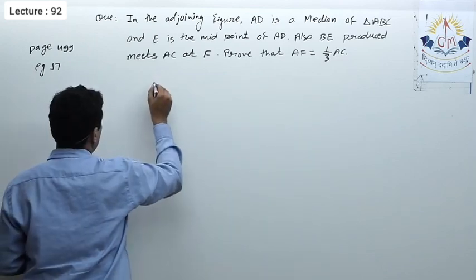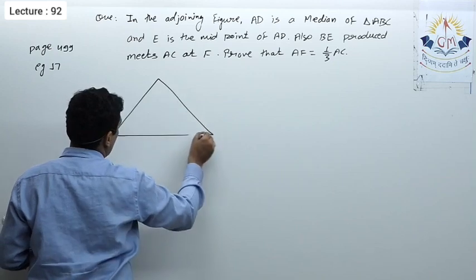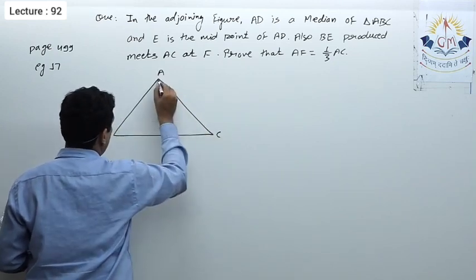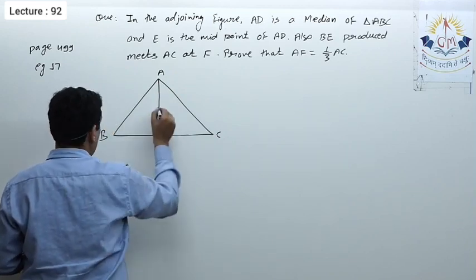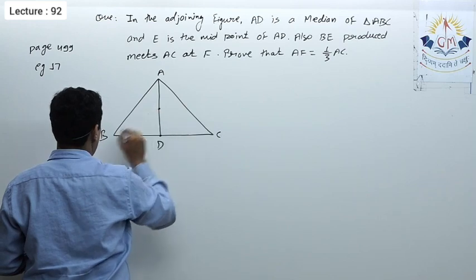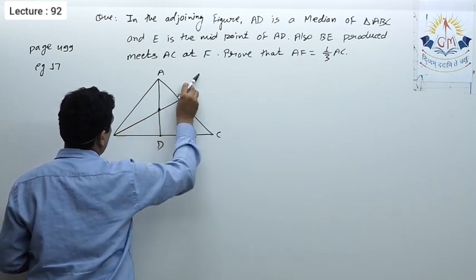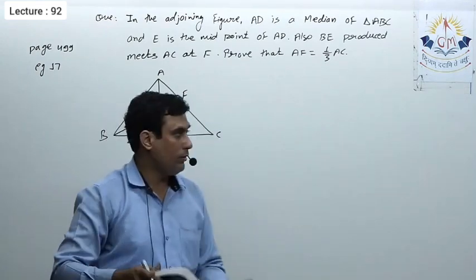So it is given, let this be the triangle ABC and AD is its median. Then E is the midpoint of AD, BE produced meets AC at F.